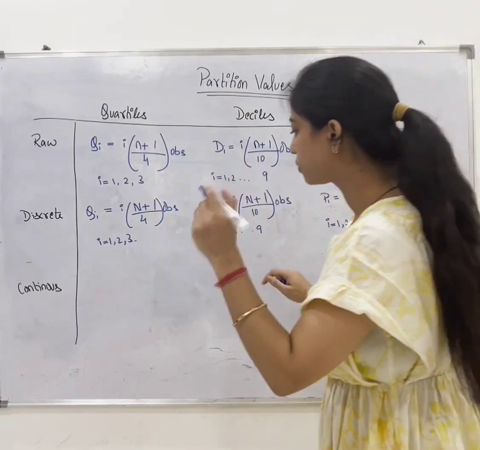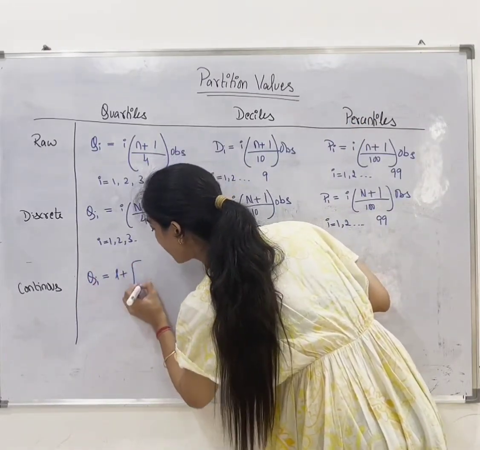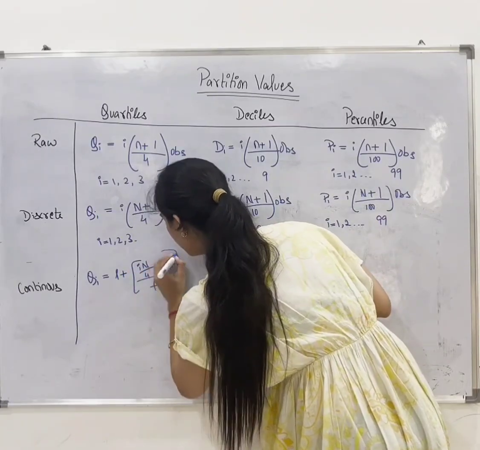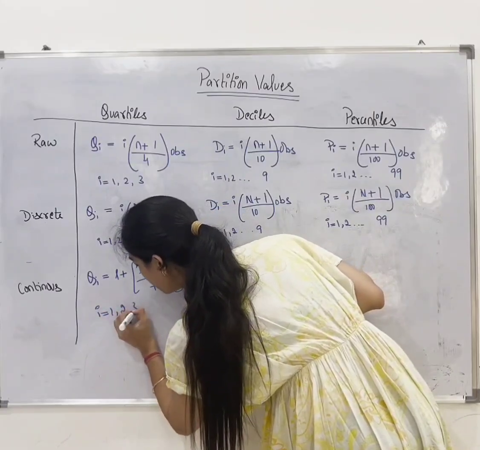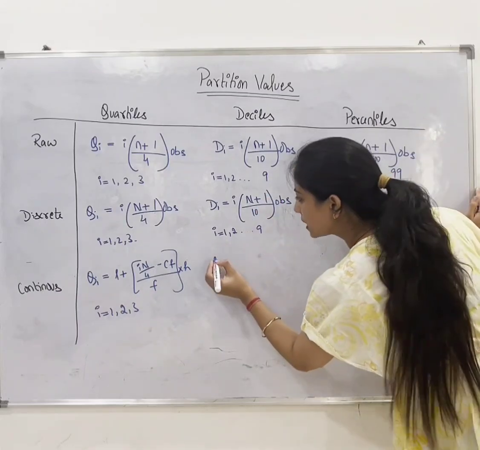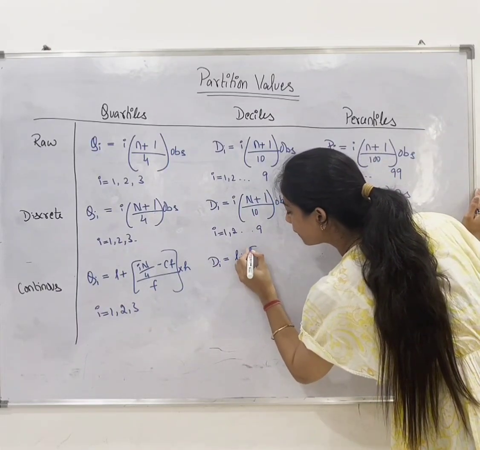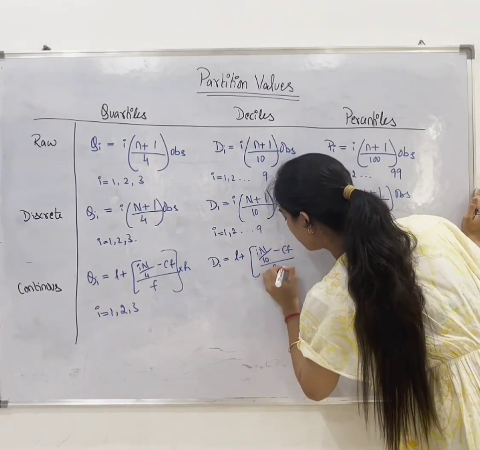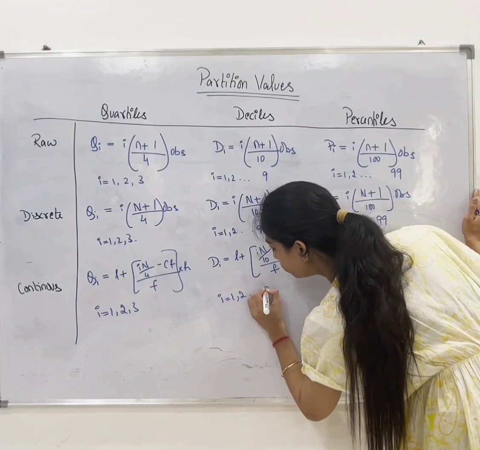Now let's go to the last one, which is continuous data. Q_i is equal to L plus (iN/4 minus CF) by f into h. Again, i can take the values 1, 2 and 3. So this is the formula based on continuous data. Next, for deciles, D_i is equal to L plus (iN/10 minus CF) by f into h, and i can take the values from 1 to 9.